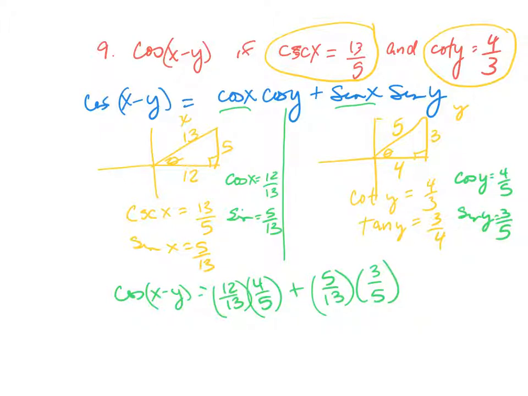So the math would be 48 over 65 plus 15 over 65, so that would be 63 over 65.